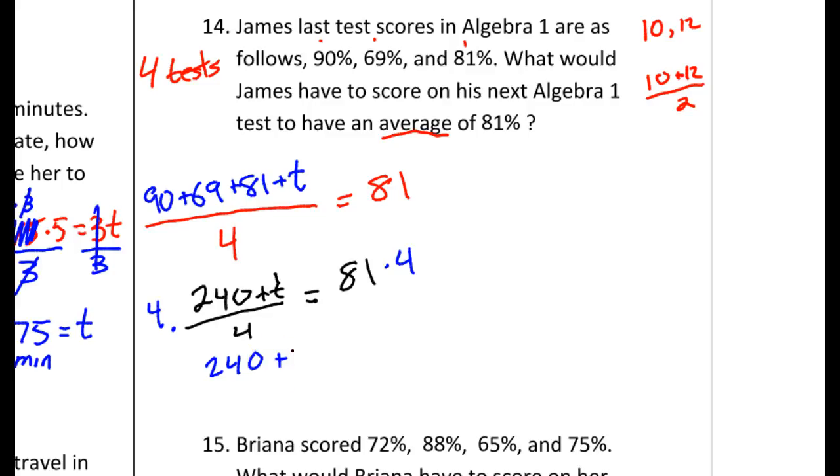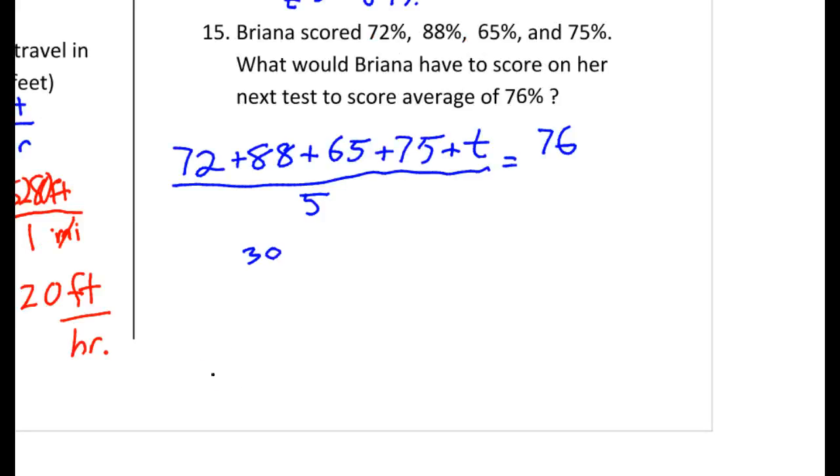So 81 times 4, and you might want to think of, well, 4 times 80, that might be big for you, but 4 times 8, that's 32. 4 times 80 is 320, plus 4 more, 324. And let's see, so we get 300 plus T divided by 5 is 76.